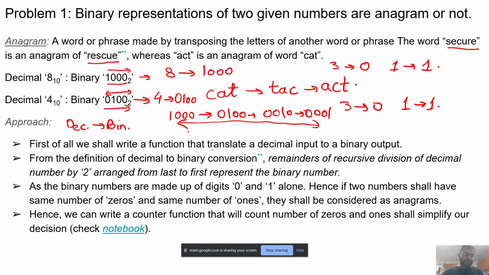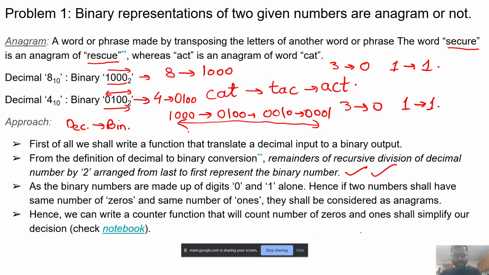In this particular line, I have discussed the definition that we are going to use: the remainders of recursive division of the decimal number by 2, arranged from last to first.